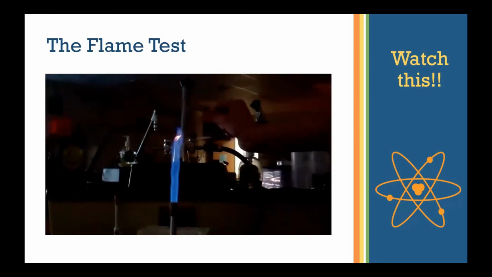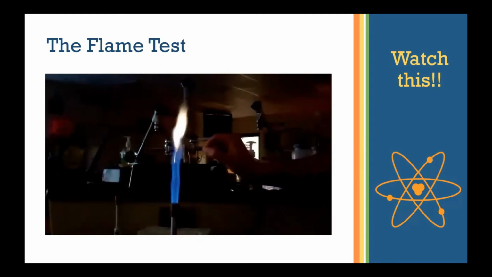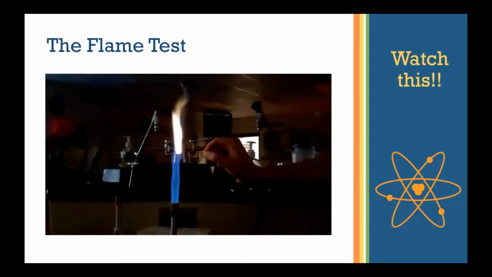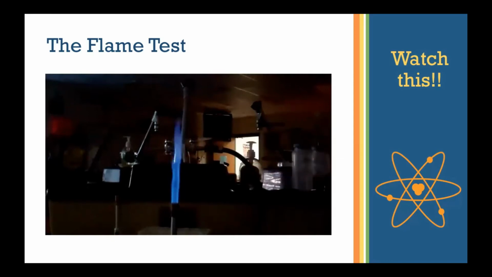You may want to go back and look at the calcium one, compare that to the strontium one. This is barium. Here's to give off the yellow-green color. Now it's gone. So as soon as you touch your substance into the flame, that's the color that you're observing.